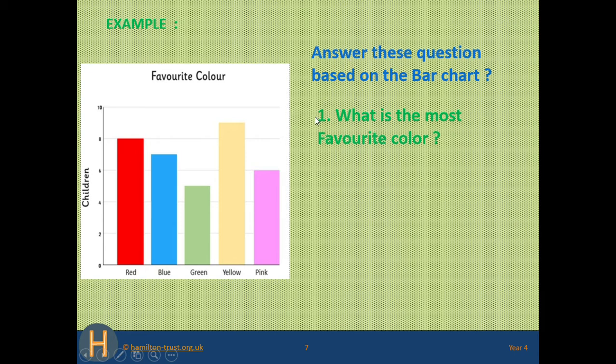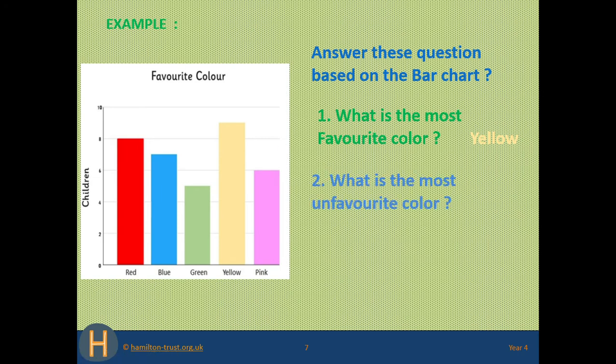And now you can answer this question based on the bar chart. Like number 1, what is the most favorite color? Warna apa yang paling digemari oleh anak-anak? What's the answer? Apa jawabannya? Okay, good. Yellow. Yang paling banyak disukai adalah warna kuning. Number 2.